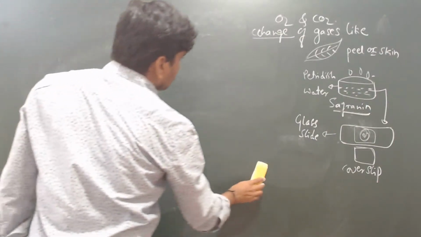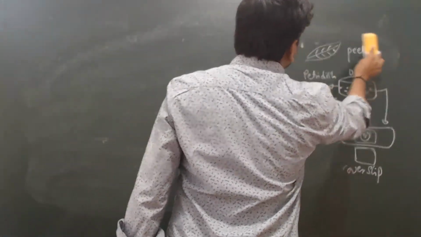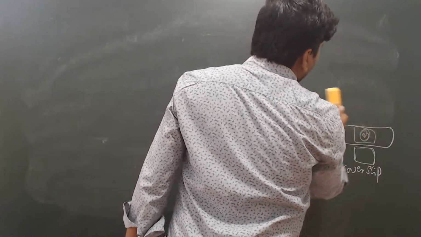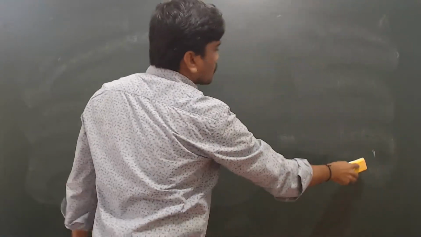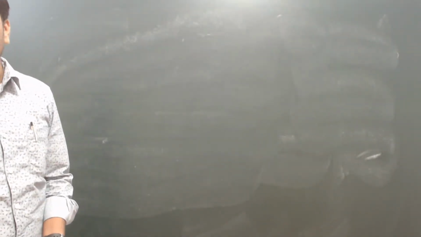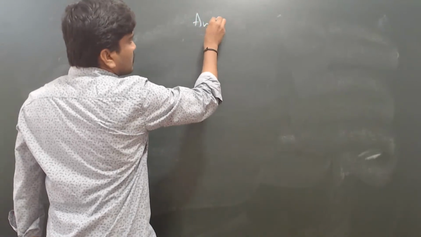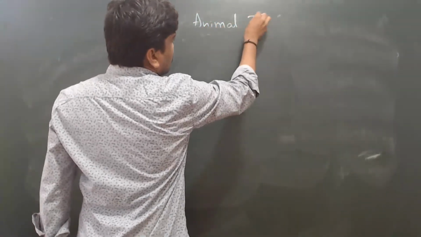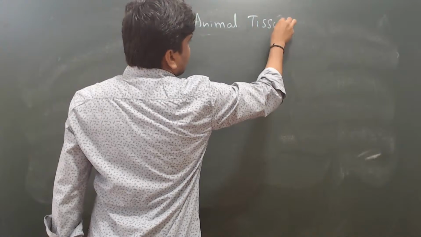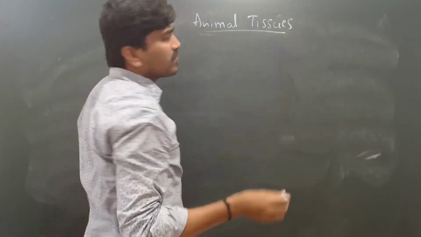Now we will move on. Here we completed plant tissues. The next part in this chapter is animal tissues. See, this is the second part of this chapter.